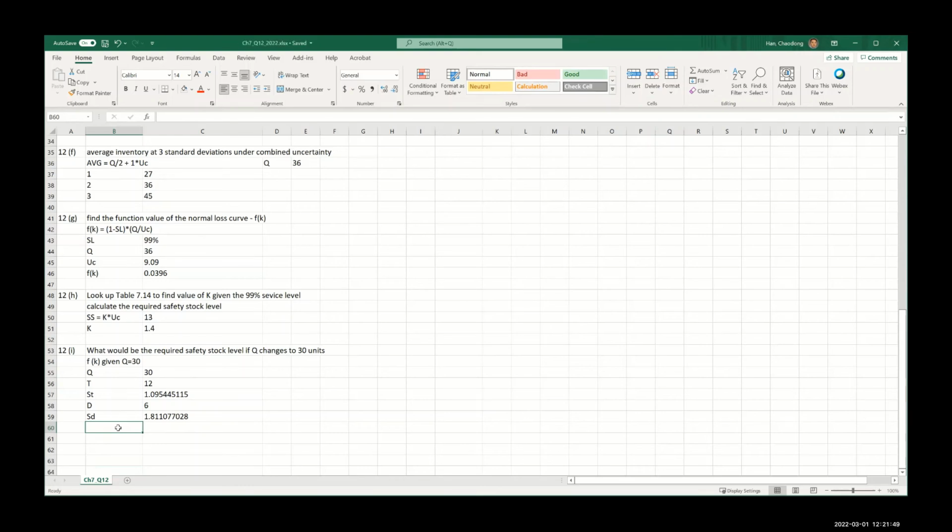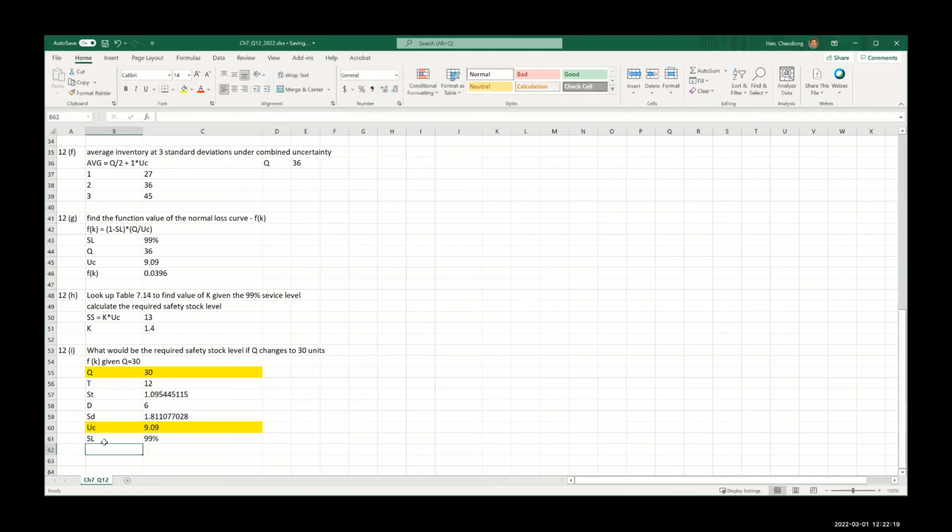Since we already know that UC equals 909, yeah, so we have that number. That's the input that we need. Q we need. Then SL is 99%.